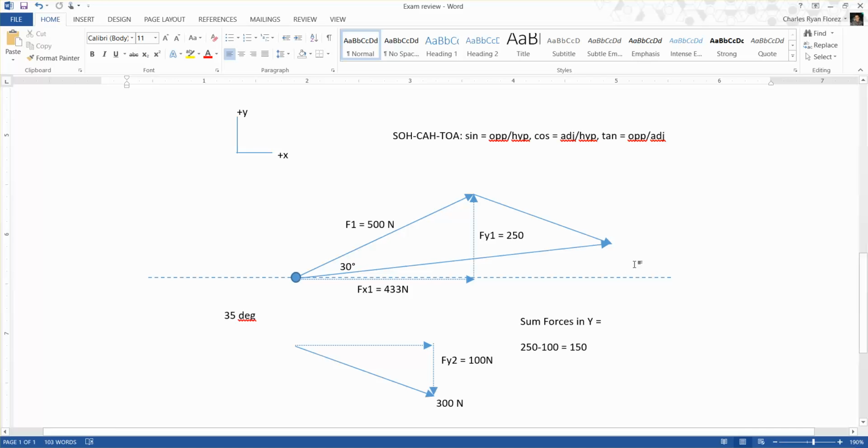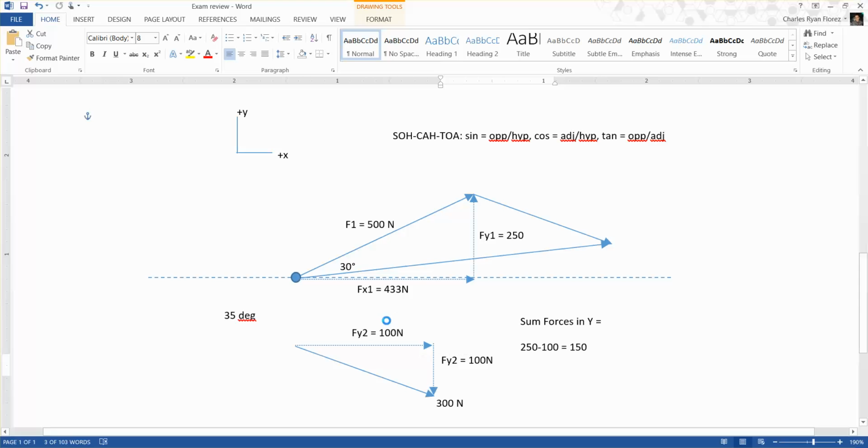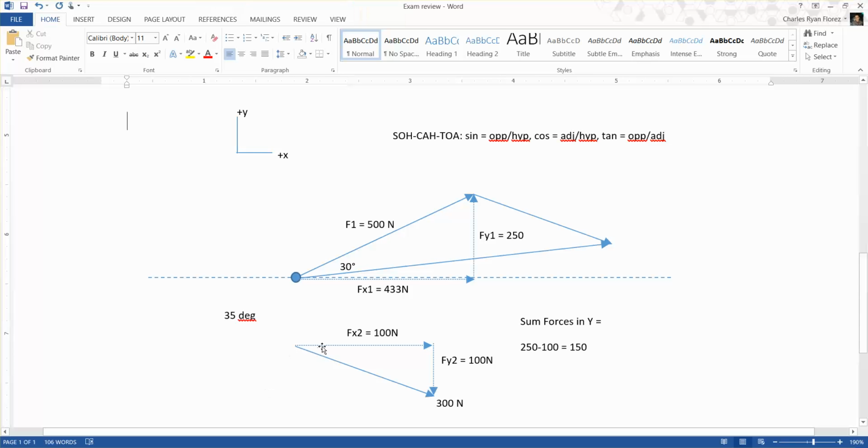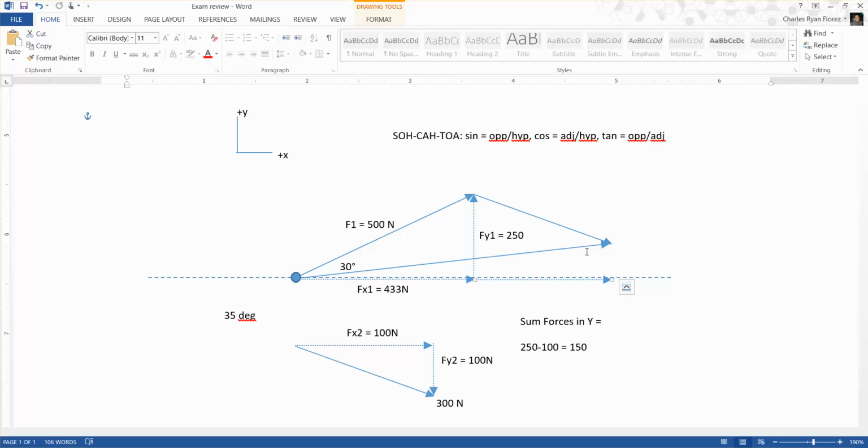So when you add 433 and whatever you find here for f of x2, you'll end up with this length as the x component of the resultant force.